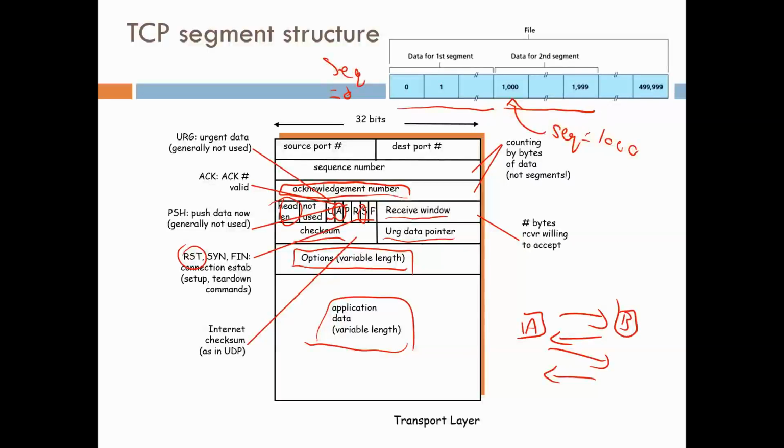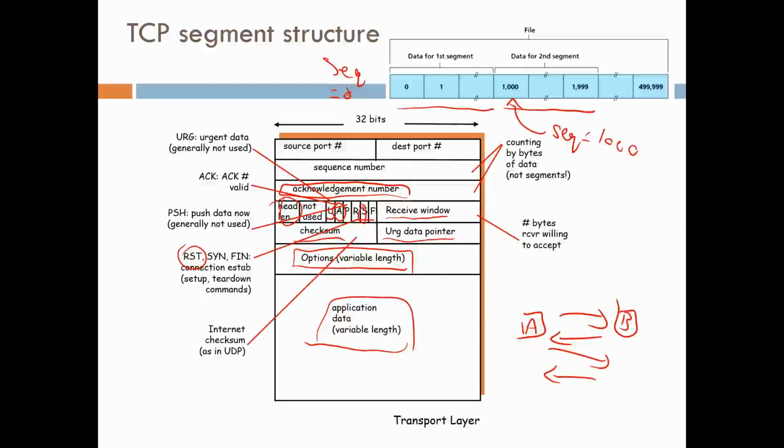So the sequence number is always the number of the first byte in that segment. So again, TCP will receive all the bytes from the application layer unnumbered. It will number the bytes in sequence and create segments. So it will take a group of bytes and make this into a segment. And the sequence number will be the number of the first byte in that segment.